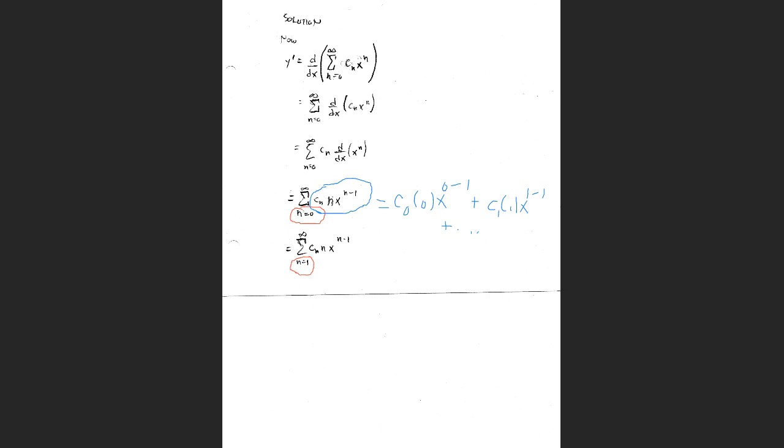So what happened here is that you have a 0 here, and so when n equals 0, that term is 0. So you can start the series, therefore, at n equals 1.